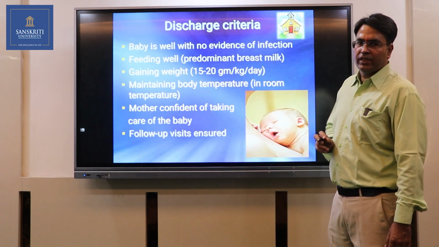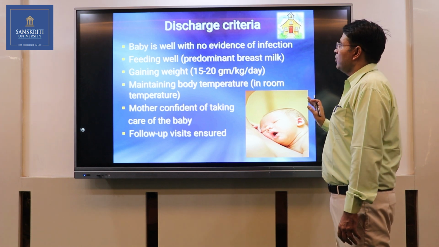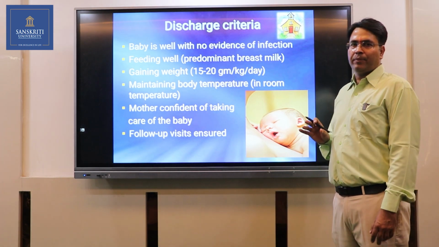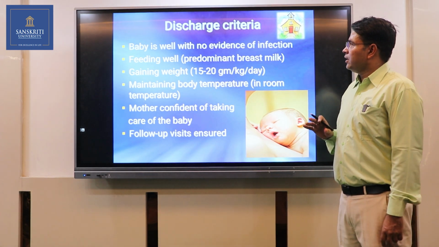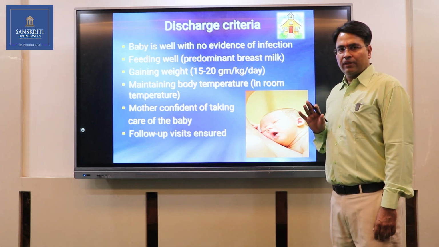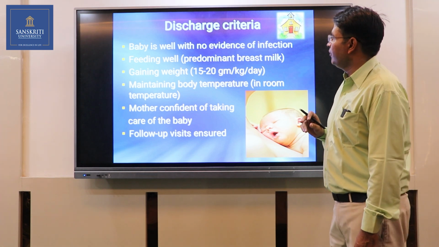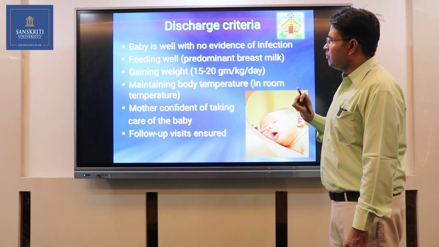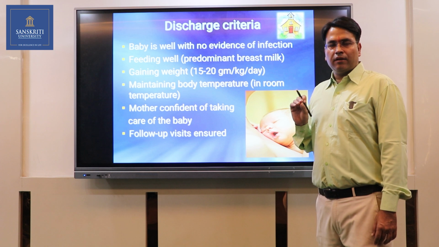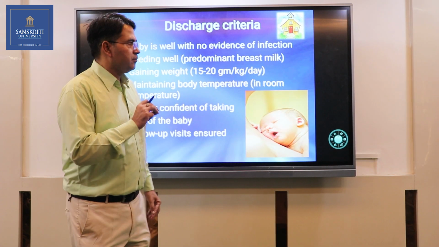Discharge criteria. So what is the discharge criteria? Baby is well with no evidence of infection. Now we are planning for the discharge of the baby. So the first criterion is the baby does not have any kind of infection. Second criterion is feeding well. The baby is feeding very well from the mother's breast.